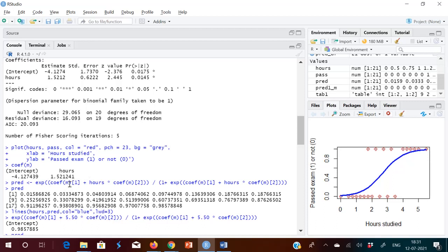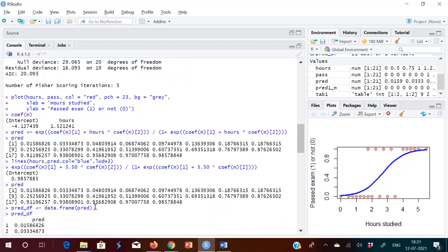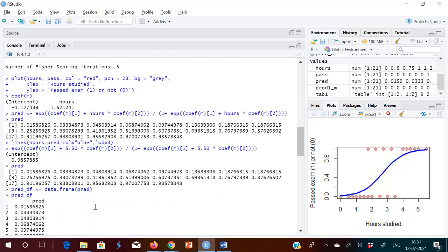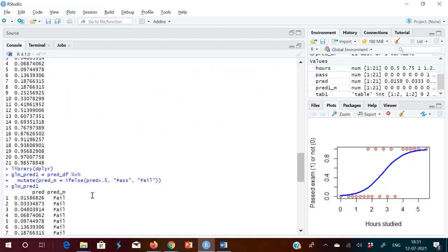Okay, and I predicted PRED, that I predicted those p values using the equation e raised to y by 1 plus e raised to y, and I showed you how you can substitute on a particular value and get the same thing.